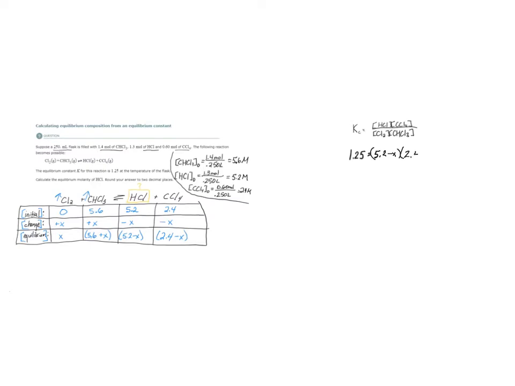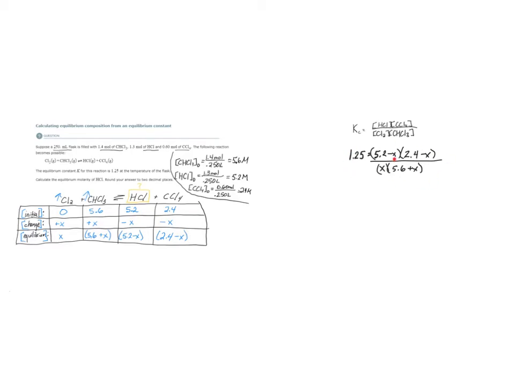The concentration is equal to 2.4 minus X divided by X times 5.6 plus X. Okay, so we have our equilibrium concentrations and our Kc placed into our equilibrium constant expression.